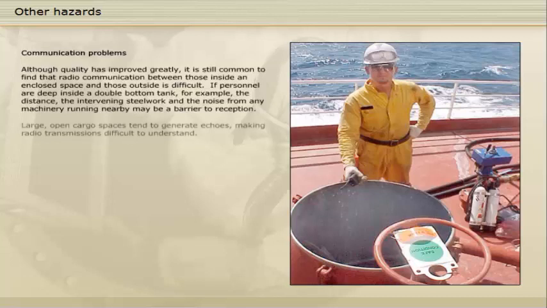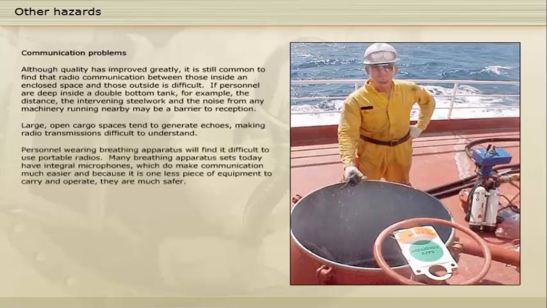Large, open cargo spaces tend to generate echoes, making radio transmission difficult to understand. Personnel wearing breathing apparatus will find it difficult to use portable radios. Many breathing apparatus sets today have integral microphones, which do make communication much easier, and because it is one less piece of equipment to carry and operate, they are much safer.